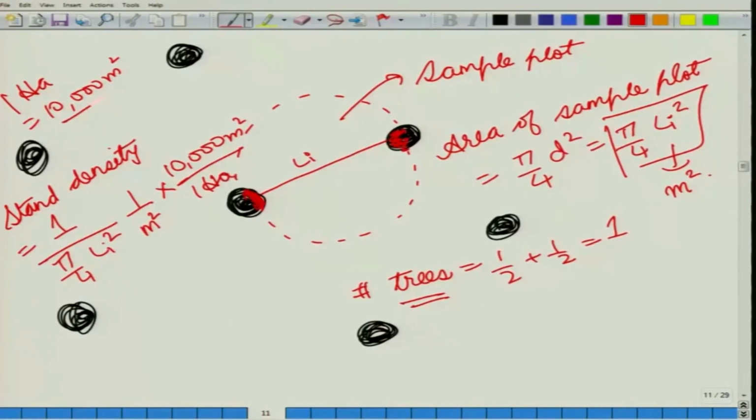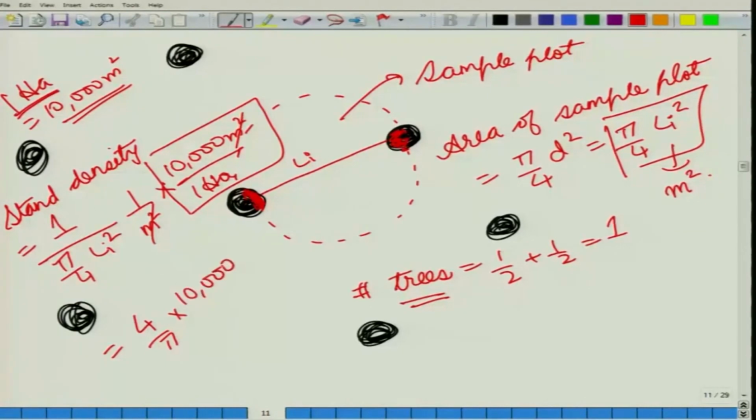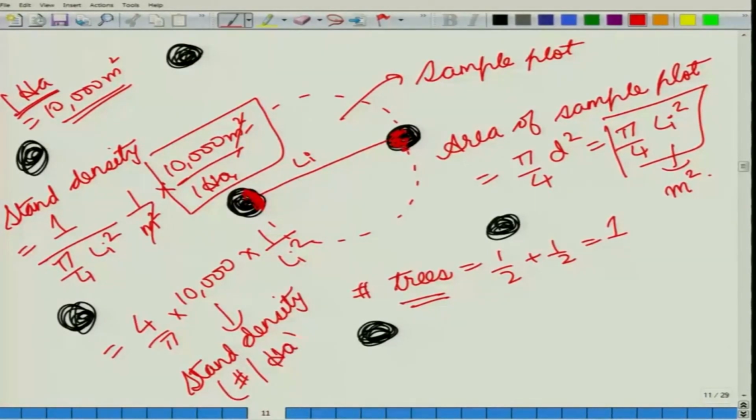Because 10,000 meter square and 1 hectare are one and the same, this value is 1. Now, cancelling out meter square and meter square, we get 4 by pi into 10,000 into 1 by Li square. This is the number density or the stand density in number of trees per hectare. So, the unit is 1 by hectare.